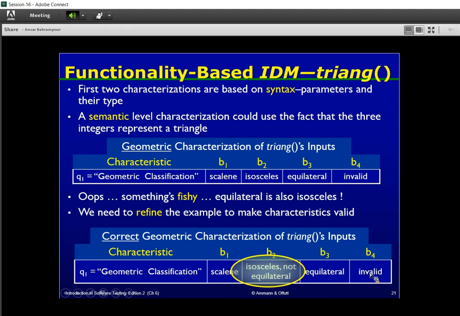The third and fourth are the same also, but the block B2 is redefined.